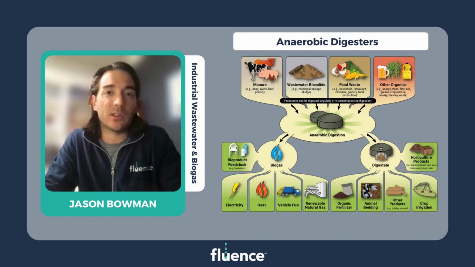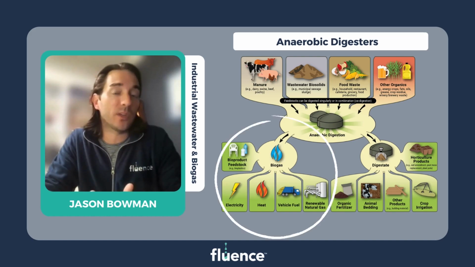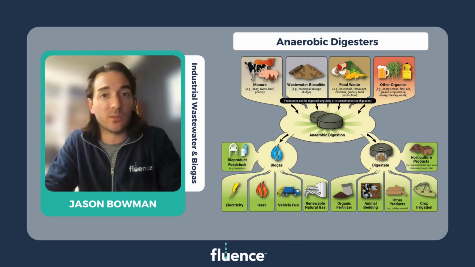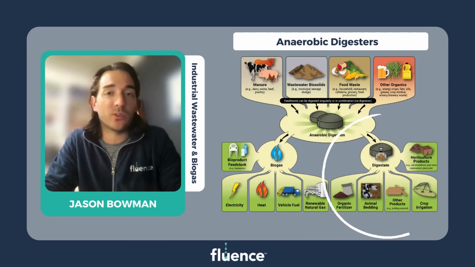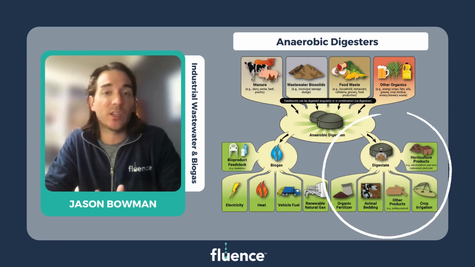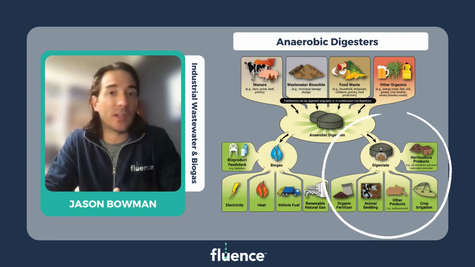So a few things are happening here. Number one, biomethane is created, so this is a renewable energy source. Number two, the physical waste volume or solids volume is physically reduced. And number three, we're producing an effluent called a digestate that typically has residual nutrients such as nitrogen and phosphorus, which can be used for fertilizer, land application, and several other uses.